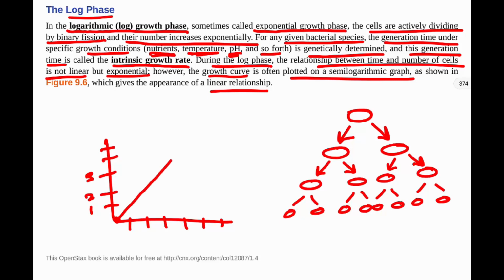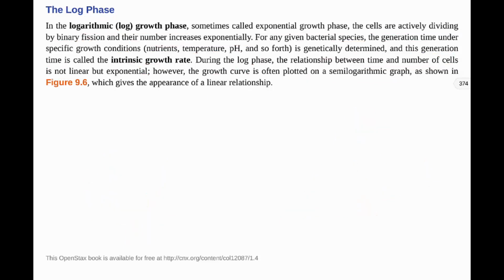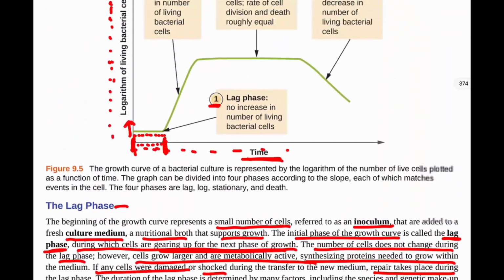When we move up 1 unit here, we're moving up 1 unit here. If we move up 2 units here, we move up 2 units here. So that would be a linear relationship. On the graphs that we see for our growth, it does look to be linear, but that's just simplification.